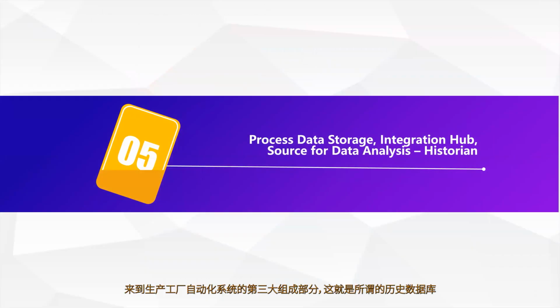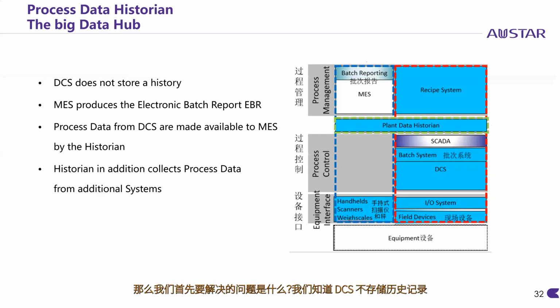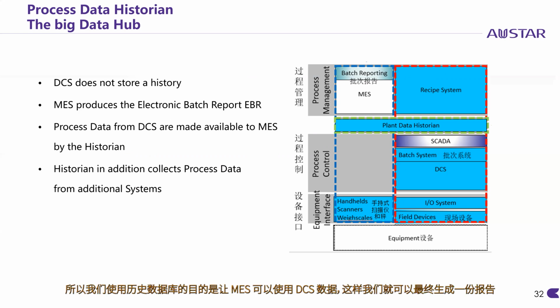I come to the third big component of systems for automation of a biotech production plant. This is the so-called historian. So what is the problem we want to solve? First, we know that the DCS does not store really a big history. The MES on its own produces a full electronic batch record, EBR, but only on its own activities.